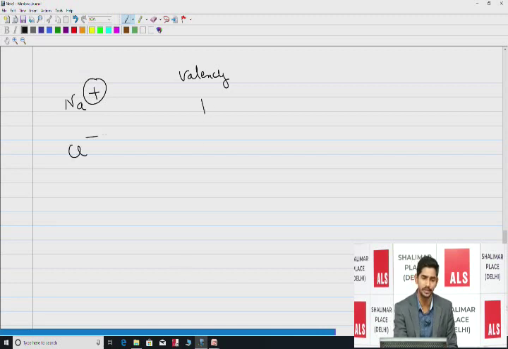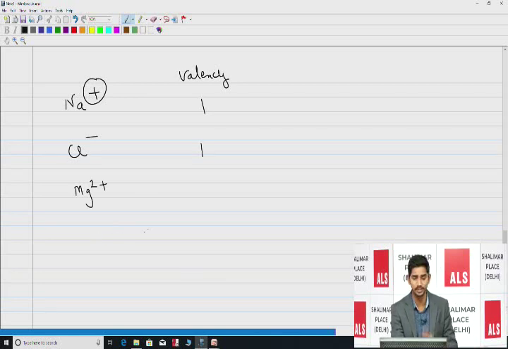If you say Cl minus, in the chlorine you can check there is only 1 negative charge, therefore its valency will be what? 1. If you say Mg2 plus, you can see there are 2 plus charges, it means its valency will be 2. If you say C4 minus, it means that carbon has 4 electrons, so its valency will be what? 4.